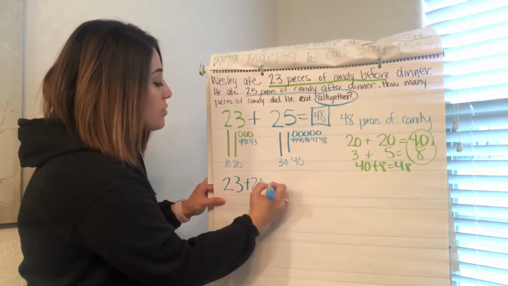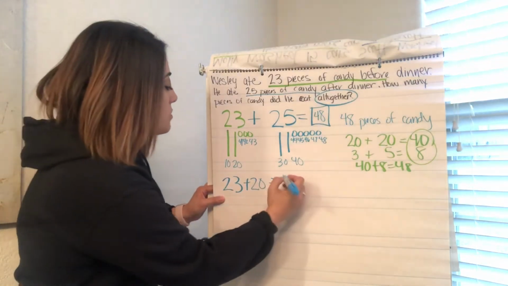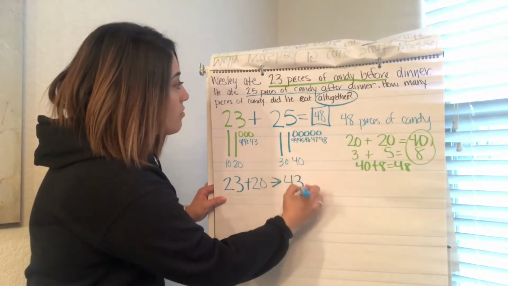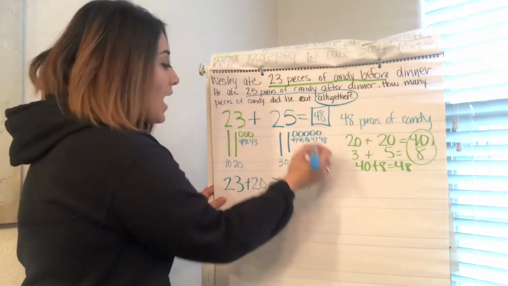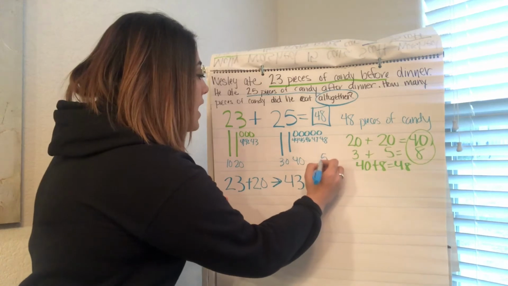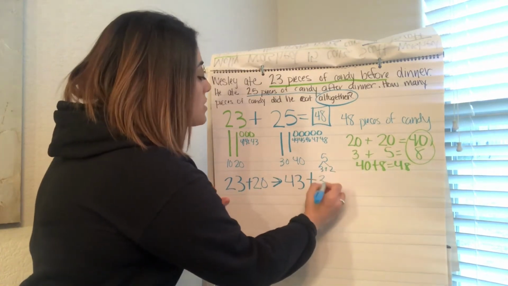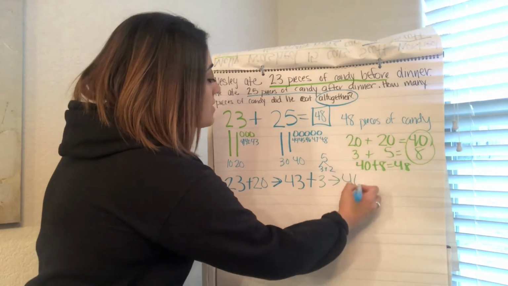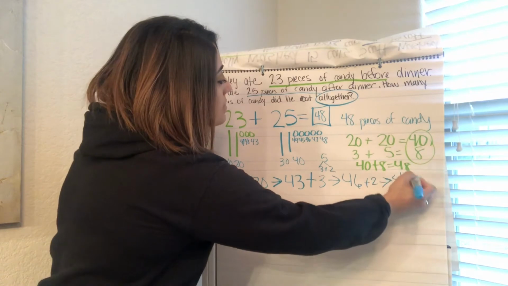So 23 plus 20 gets me to 43. I'm doing a string of equations. Plus, I'm going to make the 5 equal, so I can write 5 equals 3 plus 2. And so I'm going to do 43 plus 3 gets me to 46, plus 2 gets me to 48.